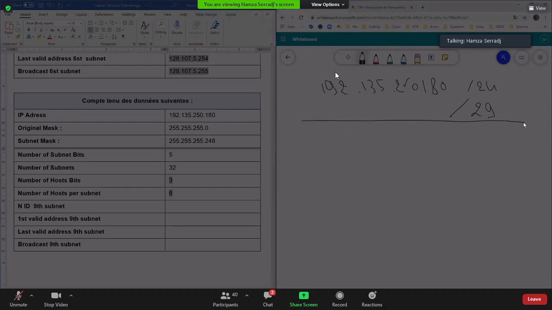All right. So my subnet mask is 255.255.255.248. Easy. This is the fourth.